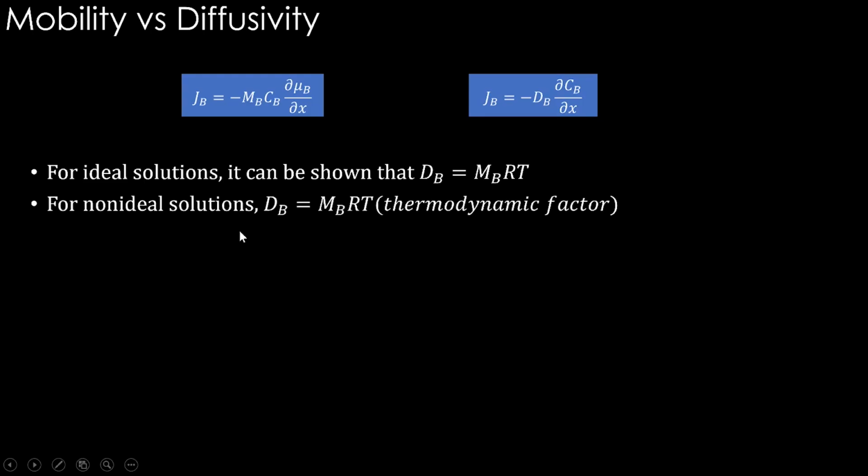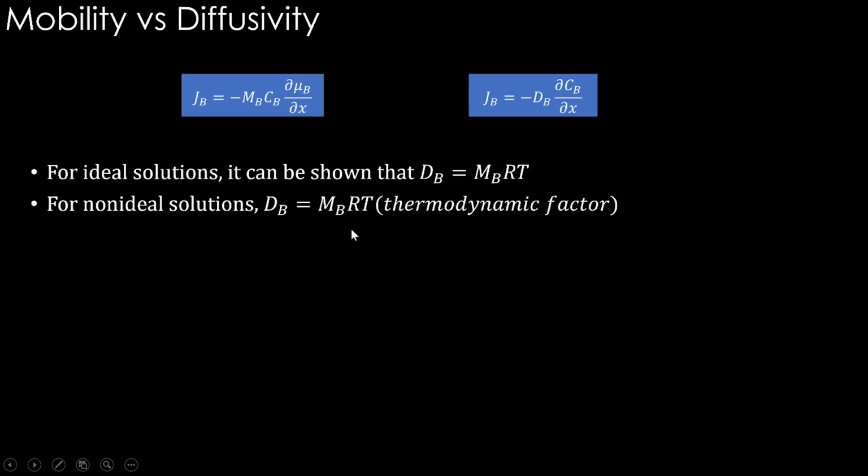But for non-ideal cases, where an atom jumps and gets trapped there, where the driving thing happens, we have to bring the thermodynamic factor into consideration and multiply it with the mobility part, then you can get the diffusivity. So in a general sense, when the diffusion is driven, you can still see the concentration profile, calculate the flux and figure out the diffusivity. But you don't know whether this diffusivity carries the thermodynamic factor or not.